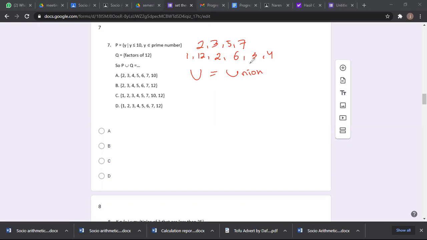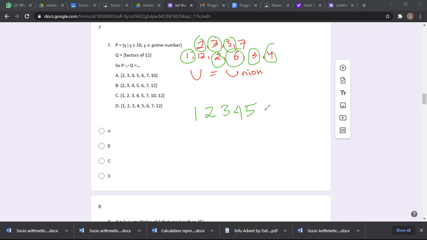We want to put them together here, and if they have the same number, just write it one time. So here I have 1, and then 2, and then 3, and then 5, and also 4 here, I forgot to write it. 3 is already there.